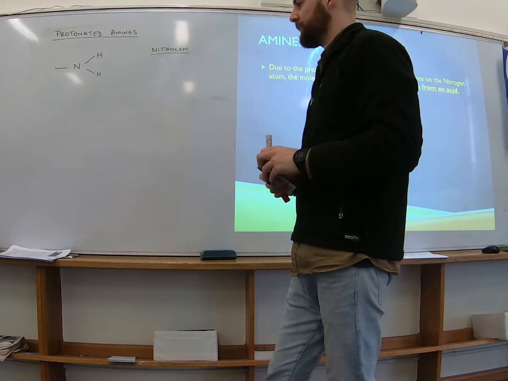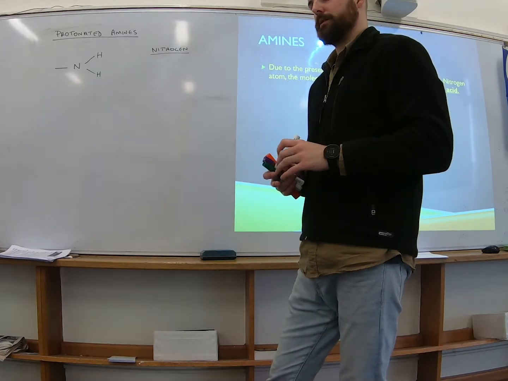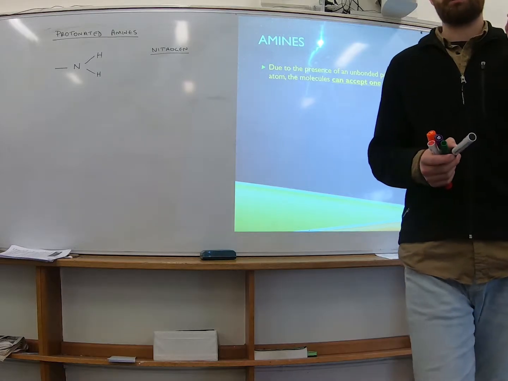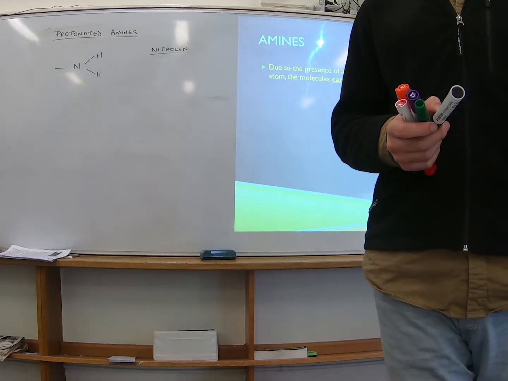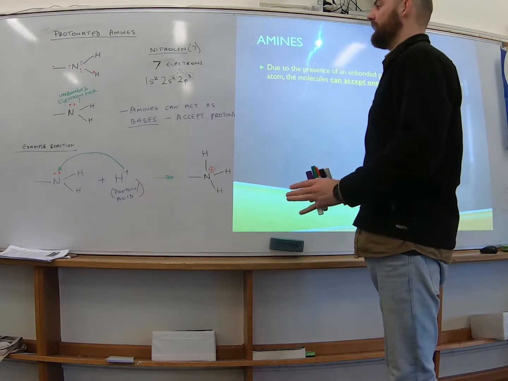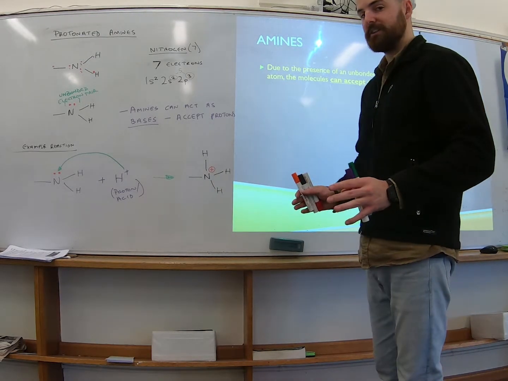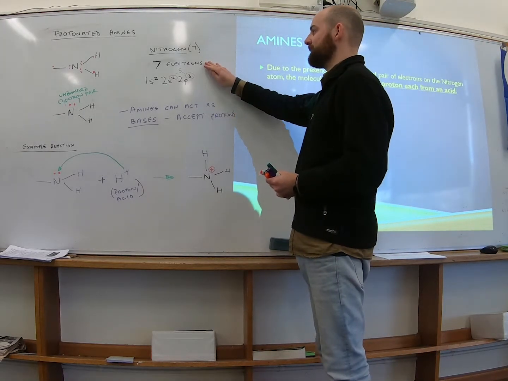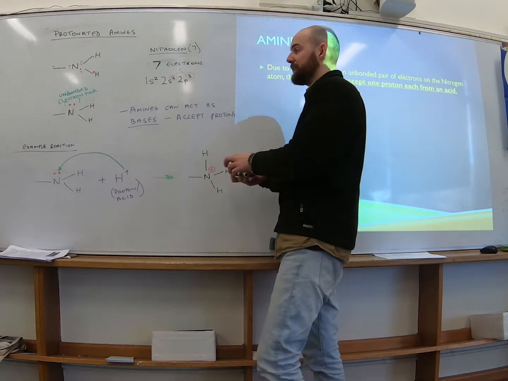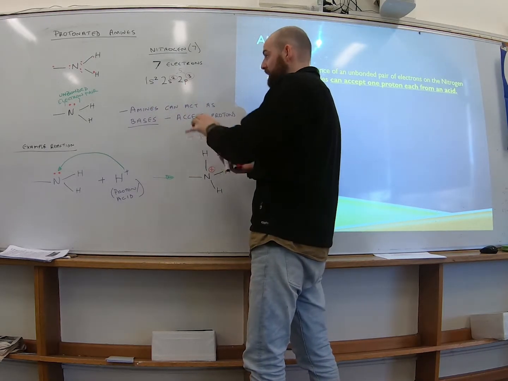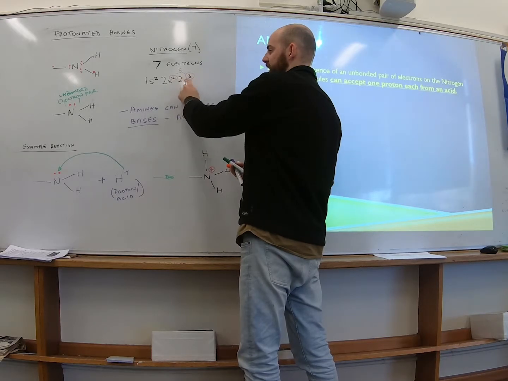It's number 7 on the periodic table. It has 7 electrons. Electron configuration is 1s2, 2s2, 2p3, with 5 electrons in its outer shell, the second shell here.